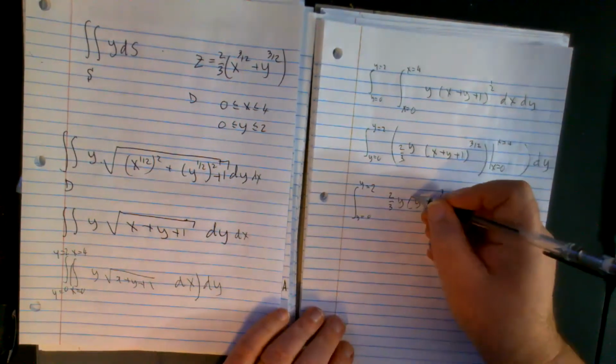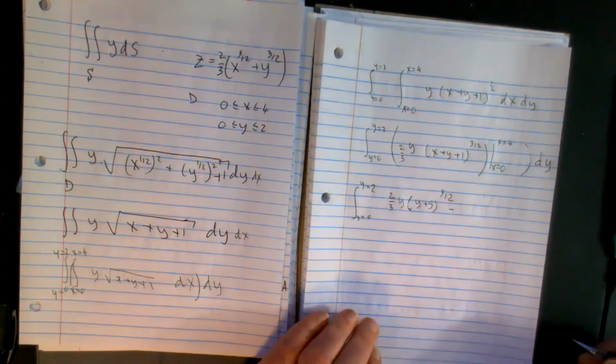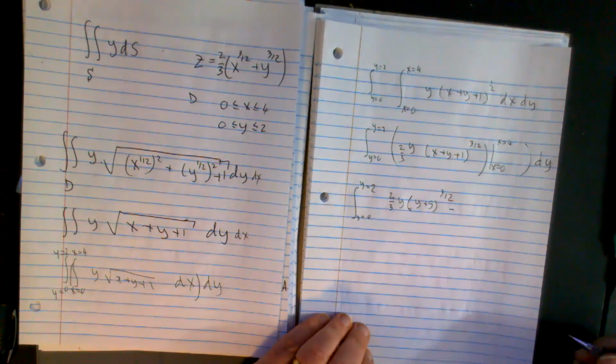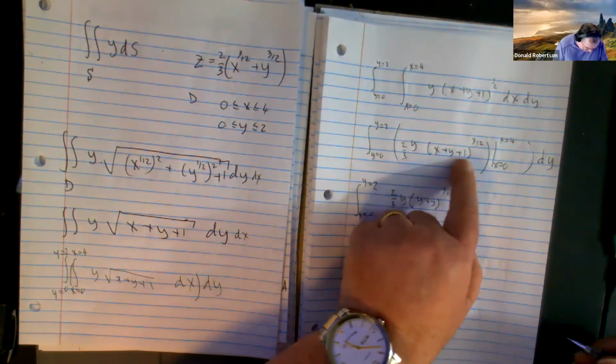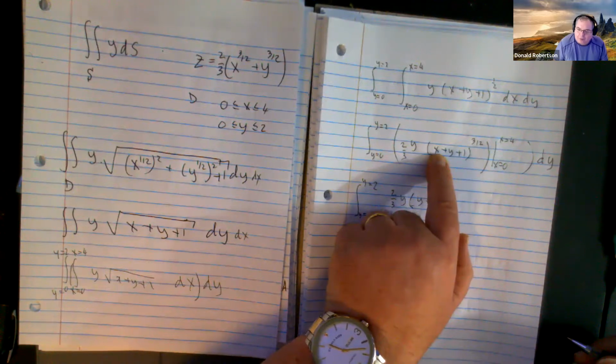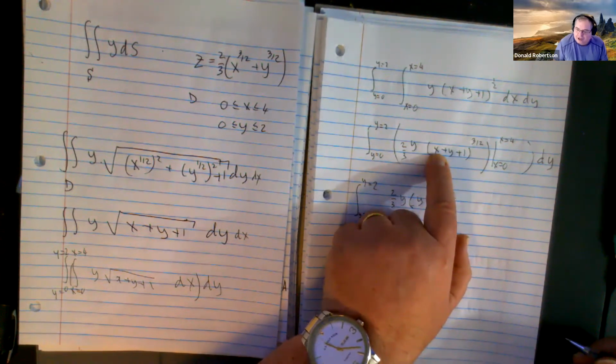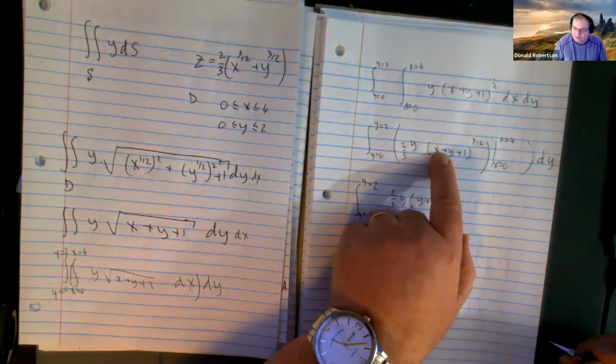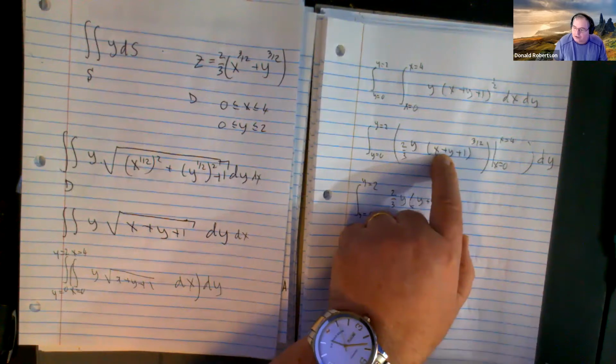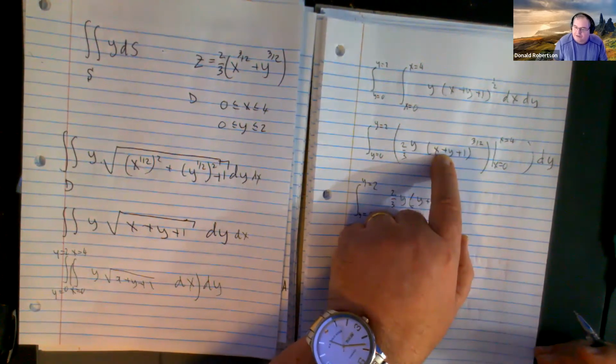How are we not having to deal with some other term of x coming out of the x plus y plus 1 to the 1/2? Well, we are, but the derivative of that is just times 1, so I'm not bothered. If you take this, it's basically just 1x, and 1x doesn't give you anything.